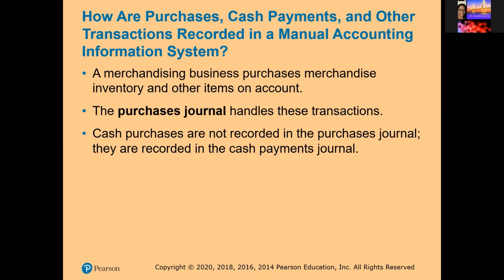How are purchases, cash payments, and other transactions recorded in a manual accounting information system? A merchandising business purchases merchandise inventory and other items such as office supplies, equipment, and furniture on account.